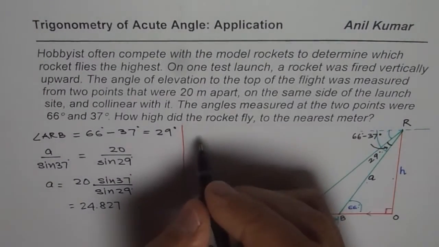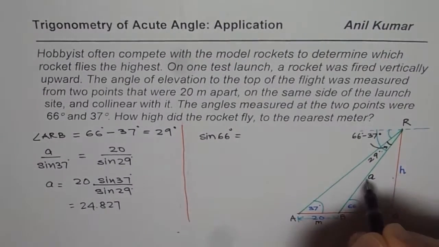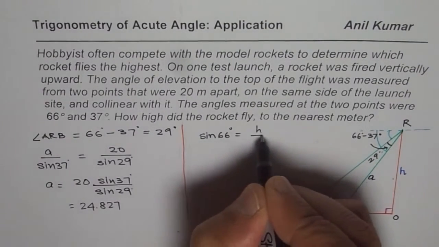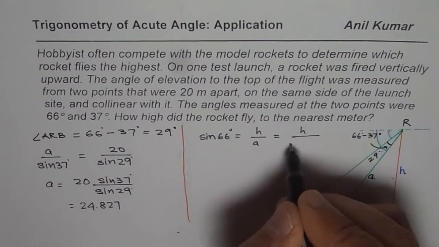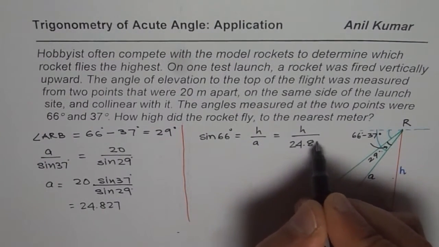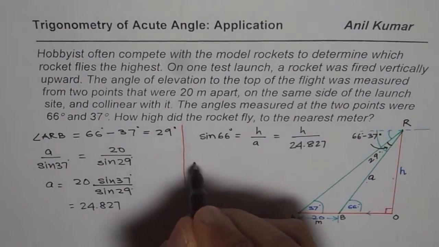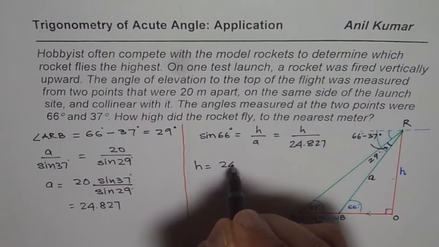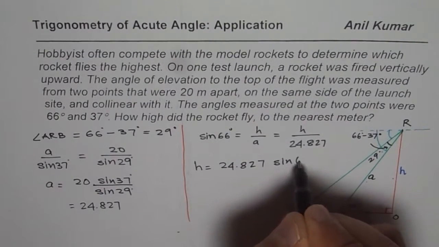So we'll do sine of 66 equals height over a, and a, we just calculated that side to be 24.827. Now cross multiply to get the height. So height equals 24.827 times sine of 66 degrees.